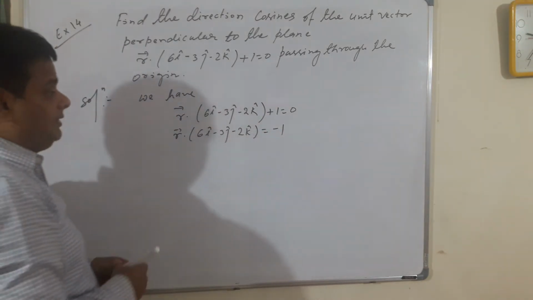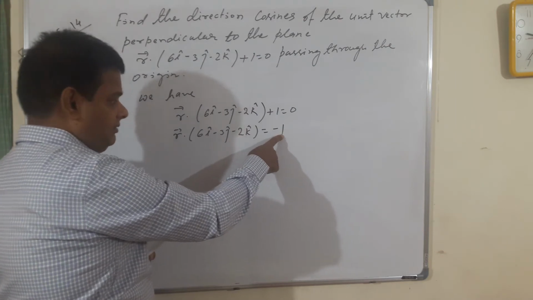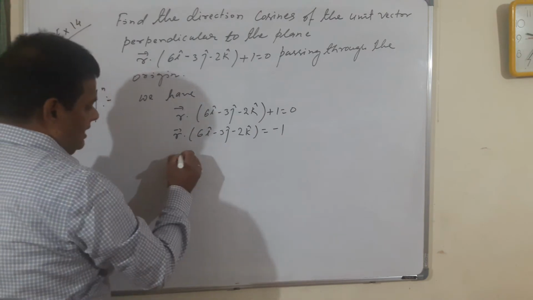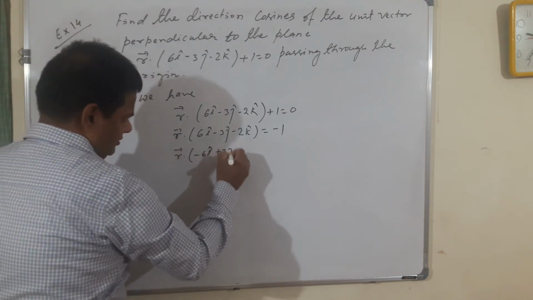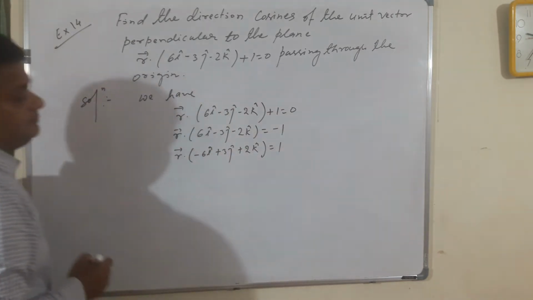Our purpose here is to make it positive. So how will you make it positive? You have to multiply by a minus sign. So vector r dot minus 6i plus 3j plus 2k is equal to 1.